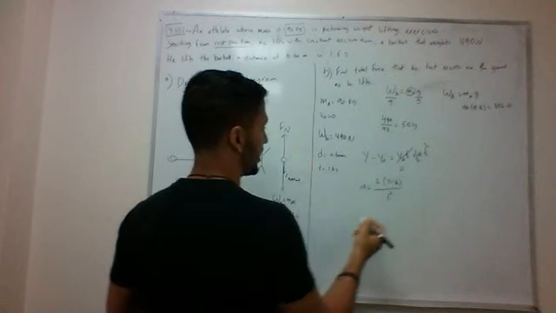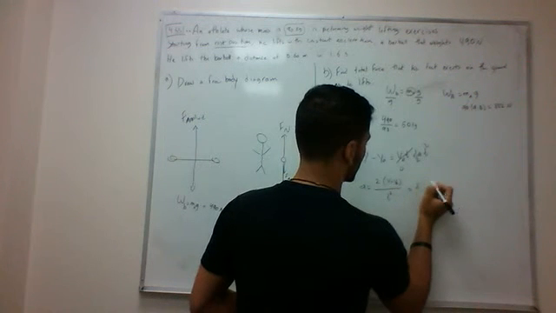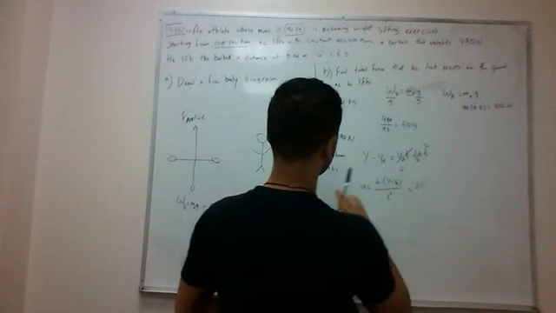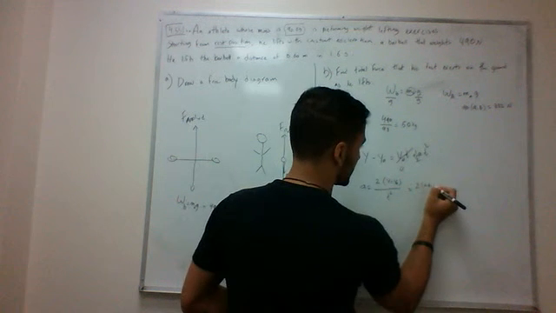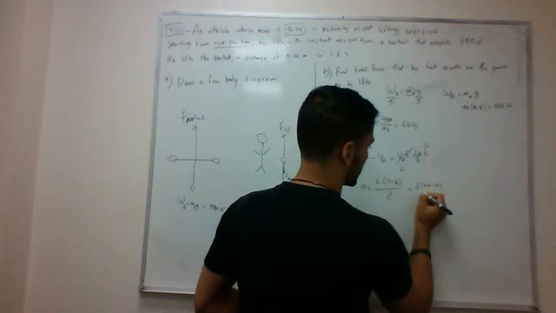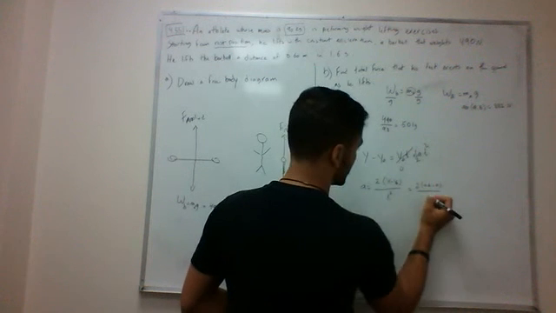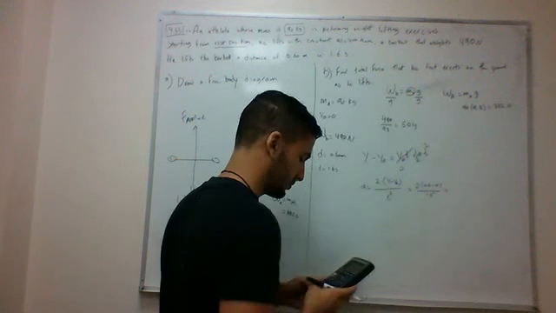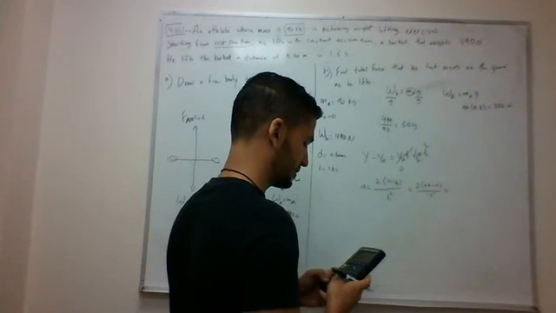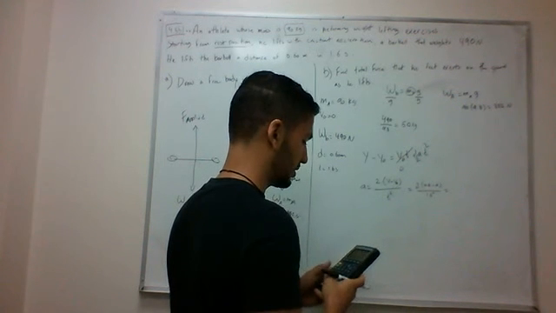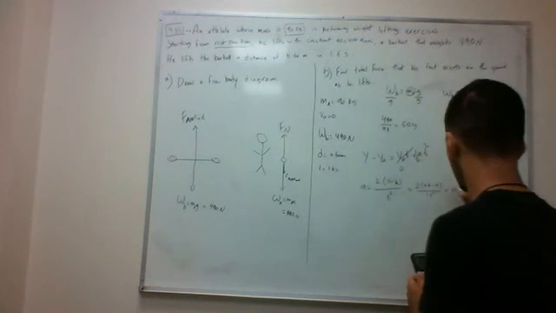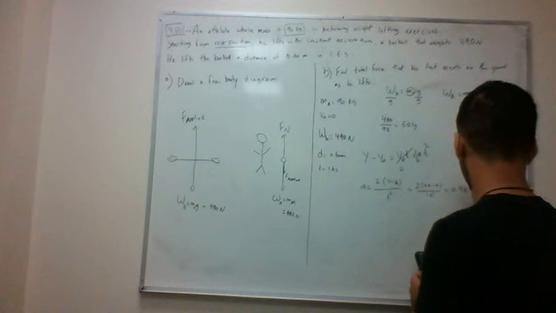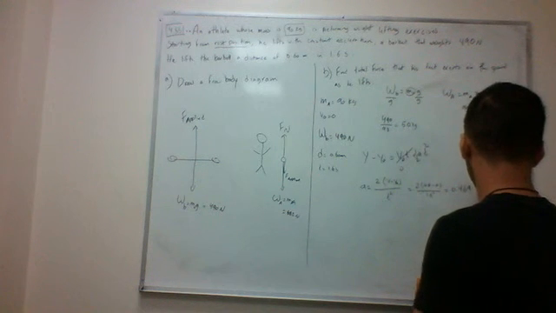Plugging in the numbers, it's going to be 2 times the distance, 0.6 minus 0, which is 0.6, divided by the time 1.6 squared. We get 0.469 meters per second squared.